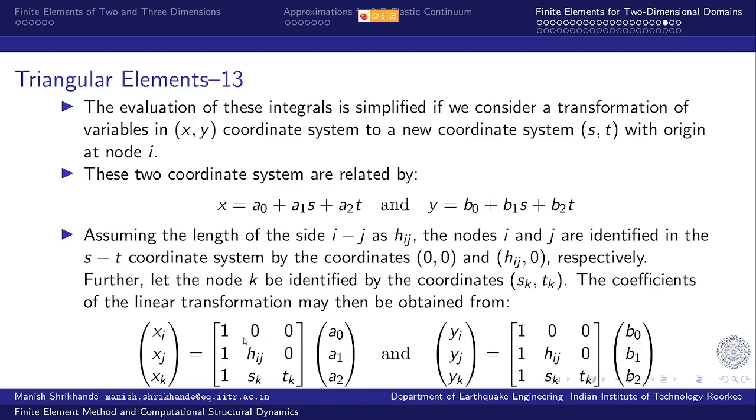So first solve for a0, that would be the same as xi. Then knowing a0, we solve for a1, that would be xj minus xi divided by hij, and knowing a0 and a1, we solve for a2. And similarly, we follow the same process for b0, b1, and b2.